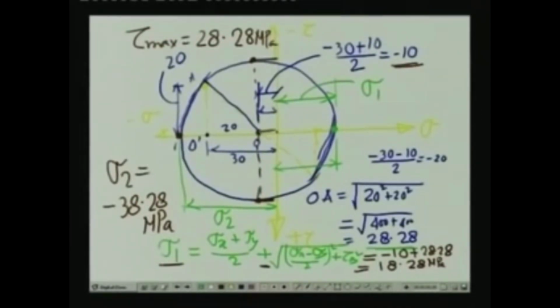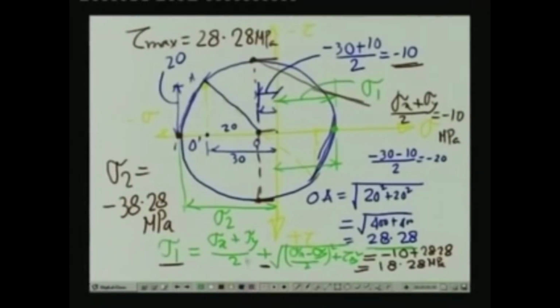So, the normal stress on these planes is equal to (sigma x plus sigma y) by 2, which is equal to minus 10 MPa. So, these are the values which we get.